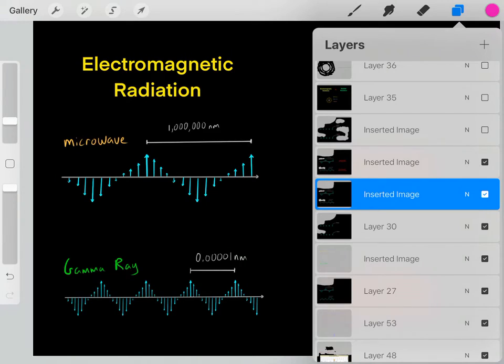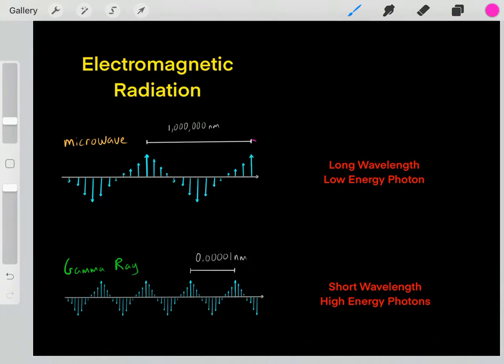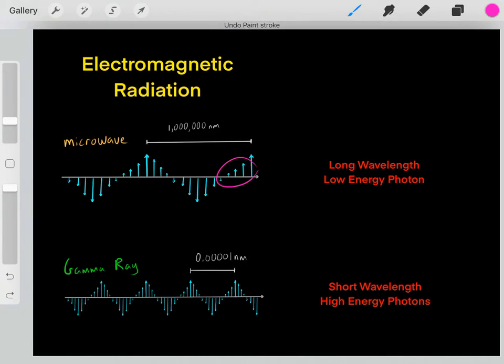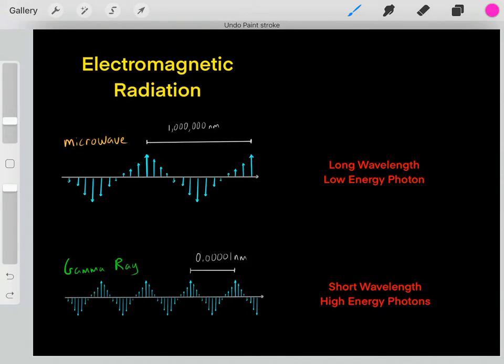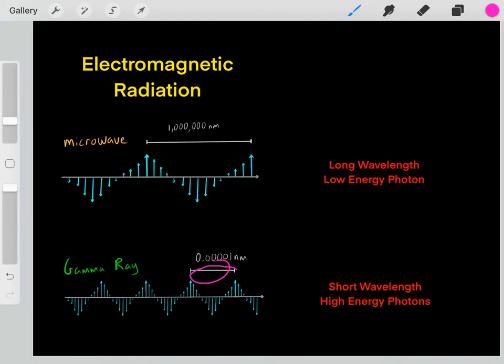But something else important to realize is the longer the wavelength, the lower the energy per photon. However, if you have a very short wavelength, like this one here, then these photons are going to have very high energy.